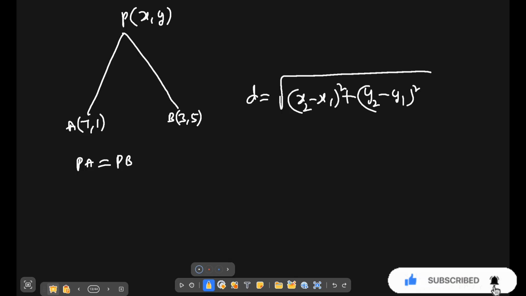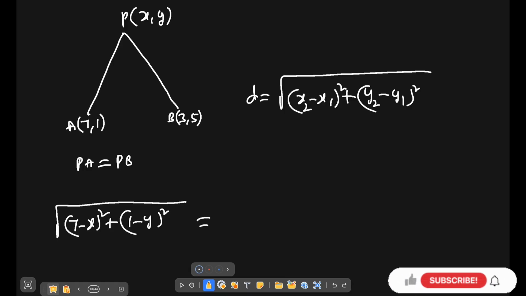So now the PA distance is nothing but the square root of the difference of x coordinates squared, 7 minus x whole square, plus the difference of y coordinates squared, 1 minus y whole square. The PB distance is the square root of 3 minus x whole square plus 5 minus y whole square.